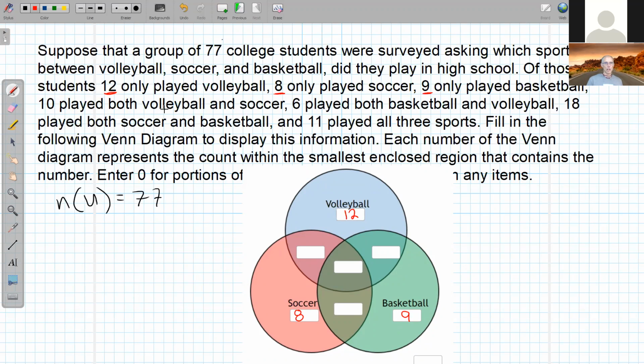All right, so I got 12, I got 8 accounted for, I got 9 accounted for. 10 played both volleyball and soccer. Okay, so 10 played volleyball and soccer. Uh-oh. It doesn't say they played only volleyball and soccer. Right, you see the word only is missing there, is that important? So is that 10 go here, or is 10 in this whole region right here?